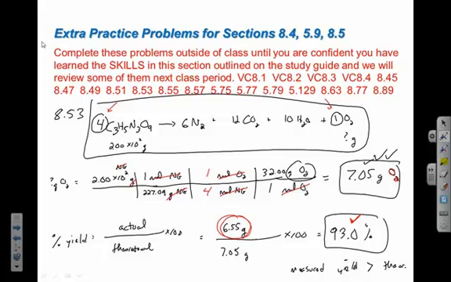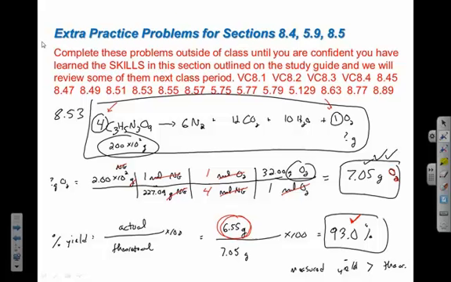It shouldn't be possible, right? Unless I incorrectly measured the starting amount of nitroglycerin and I actually had more than I thought, that starting amount of nitroglycerin is limiting how much oxygen I can make. It's limiting me to 7.05 grams.